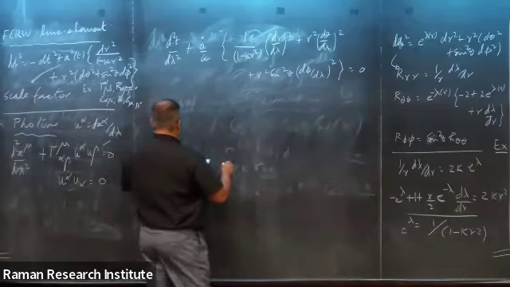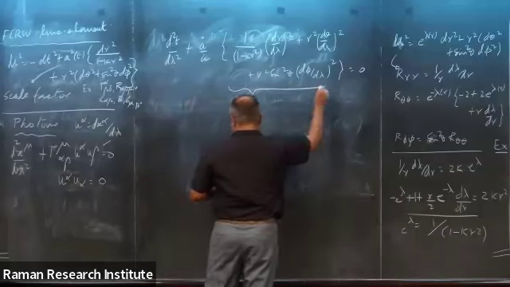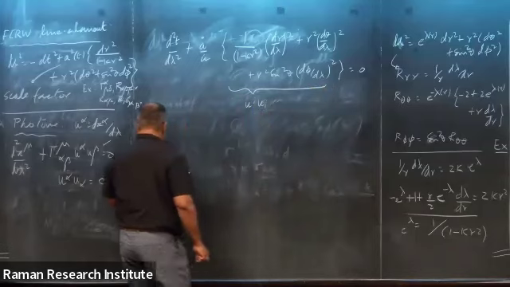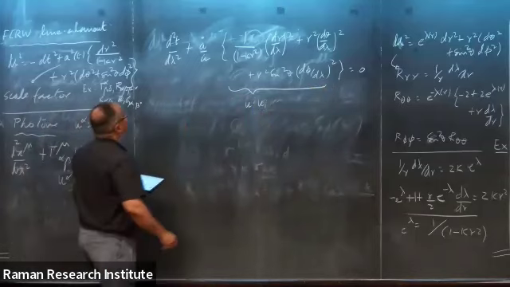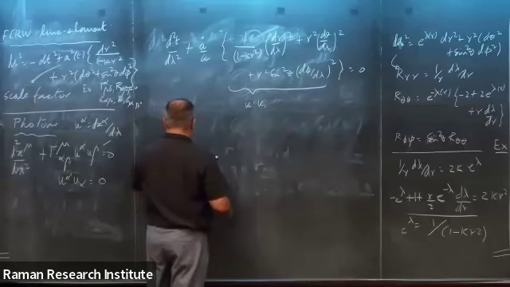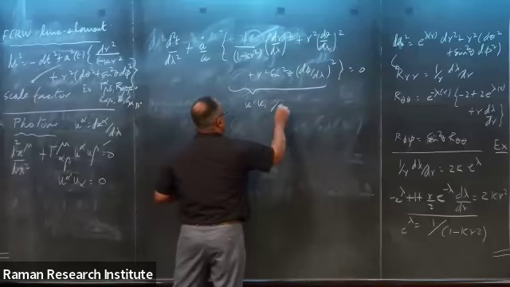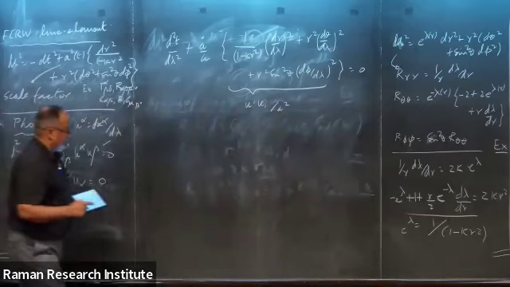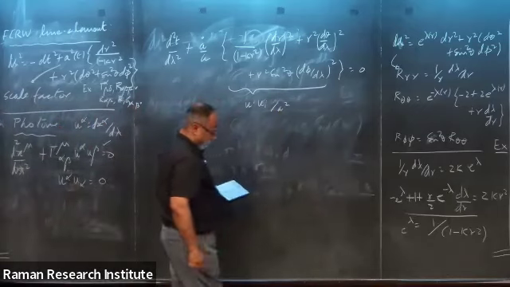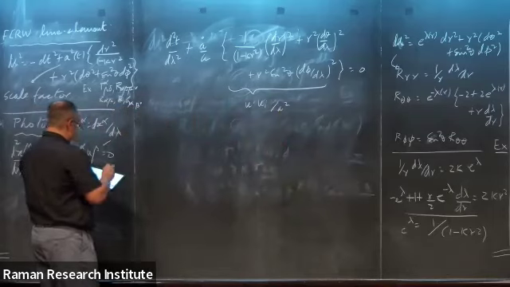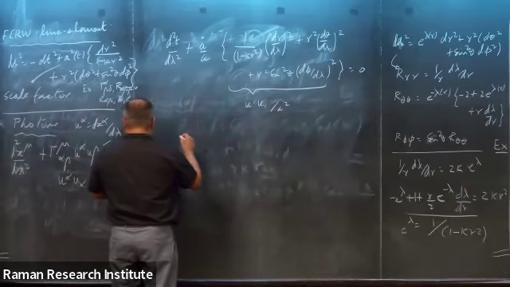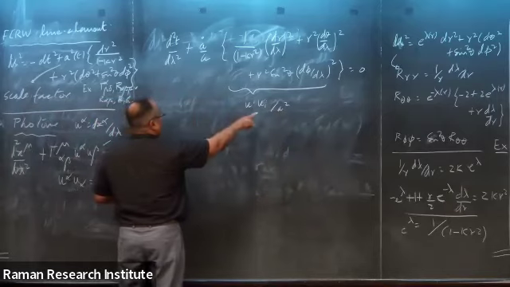Now you can write this as u^i, which happens to be u^i divided by a², that is σ_ij u^j by a². As a result, I can write this as d²t/dλ², that's the first part.